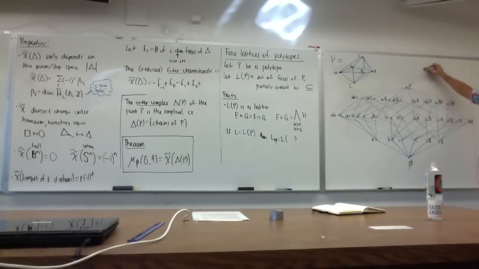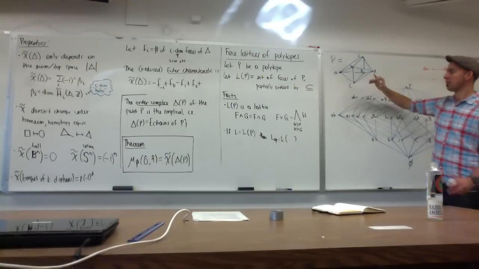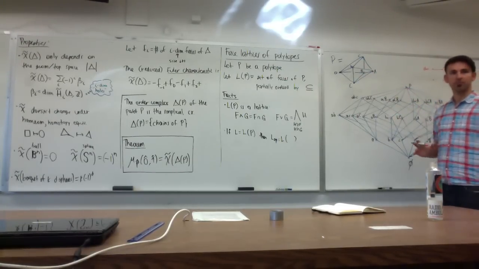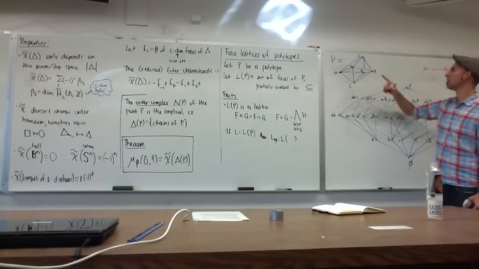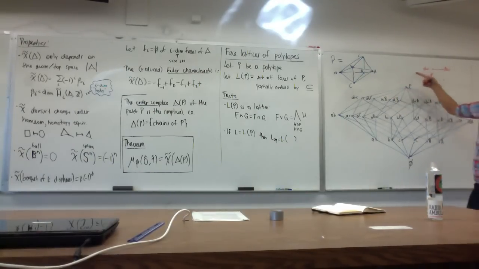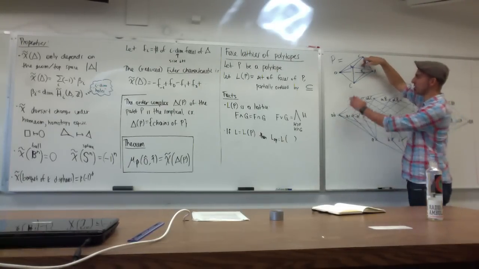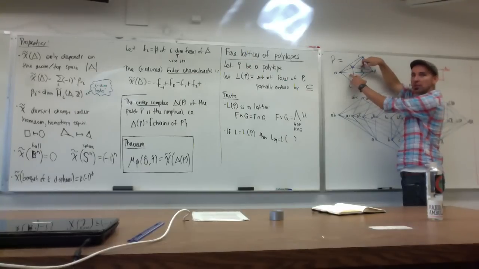So this corresponds to A, B, C. This corresponds to capital A, B, C. And I connect them here if the 2 facets intersect in codimension 1. So these 2 are connected, and therefore these 2 are connected. These 2 are connected, so these 2 are connected, like this. But for example, I don't connect this one and this one because this facet and this facet don't intersect in a line, they intersect in a point.